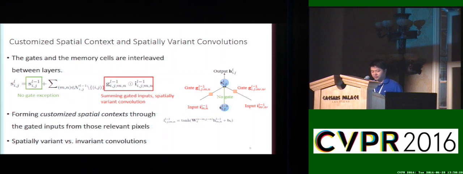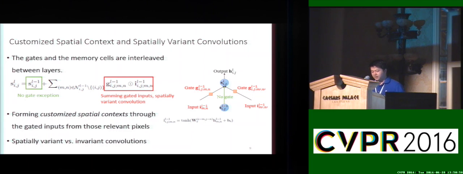Then eventually we use a linear combination of the memory cells from the lower layers to form the state for the target memory cell at the higher layer. In some sense, if we view the gating function as kernels, then our mechanism to form the memory state can be considered a kind of spatially variant convolution.